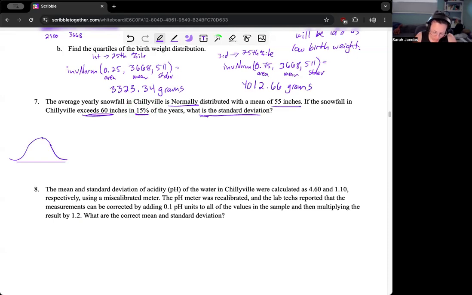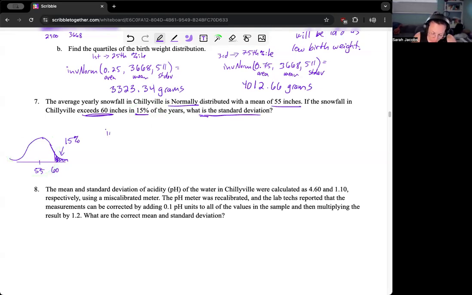Here's our distribution. We know the mean is 55. 60 is over here relative to 55. And we're talking about exceeds, so we're talking about this. So this right here is 15%. When we use inverse norm, we're going to plug in that remaining 85%, because 100 minus 15 is 85.